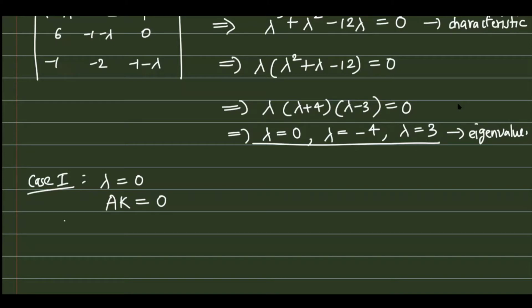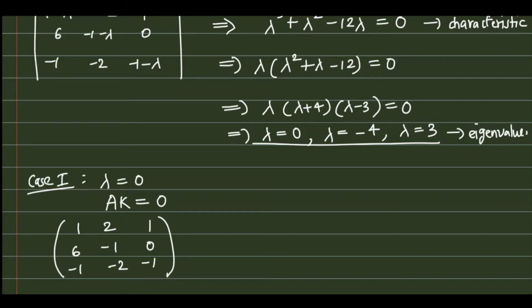And the matrix A is [1, 2, 1; 6, -1, 0; -1, -2, -1].